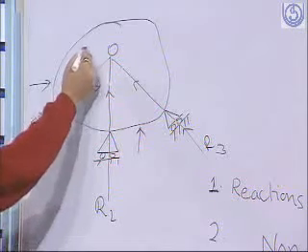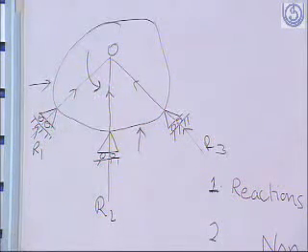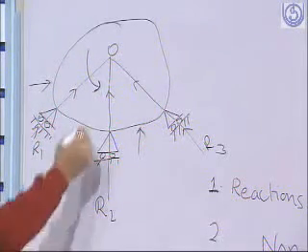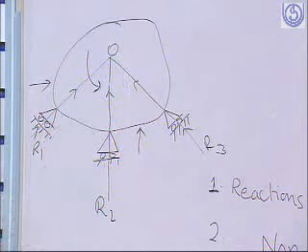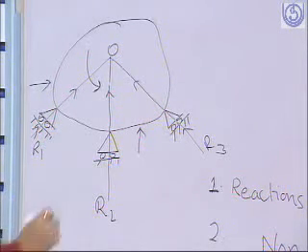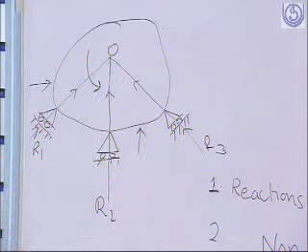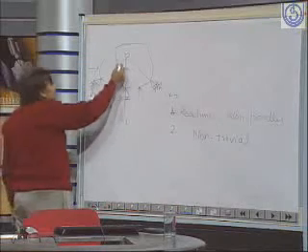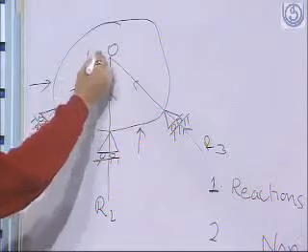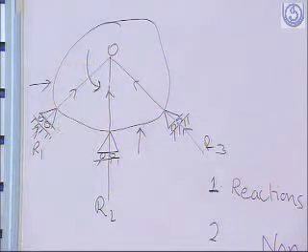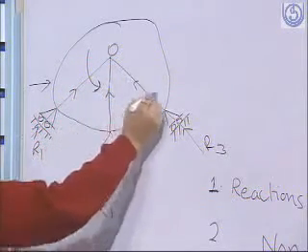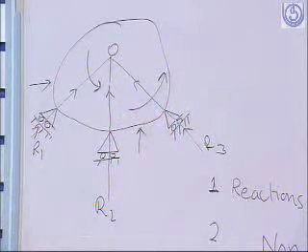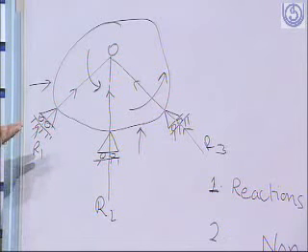So when we apply a moment or couple in this direction, now since all these three reaction components are meeting at O, so their moment about this point O will be equal to 0. So they are not going to provide any restraint in their rotation. So even if a small couple will rotate this body in anti-clockwise direction. So it means then again it is not stable.